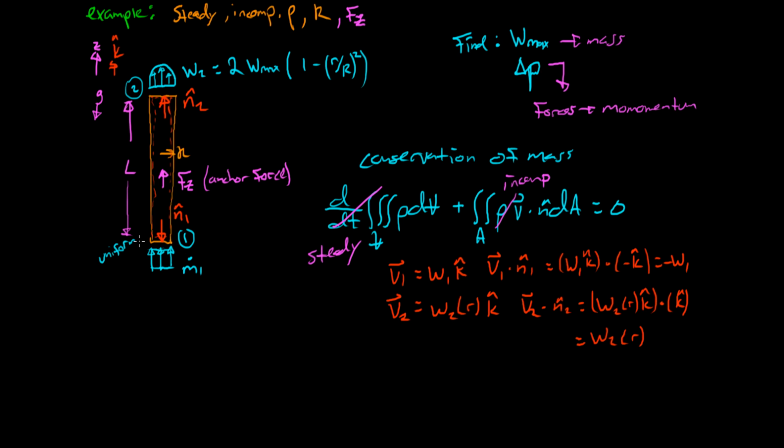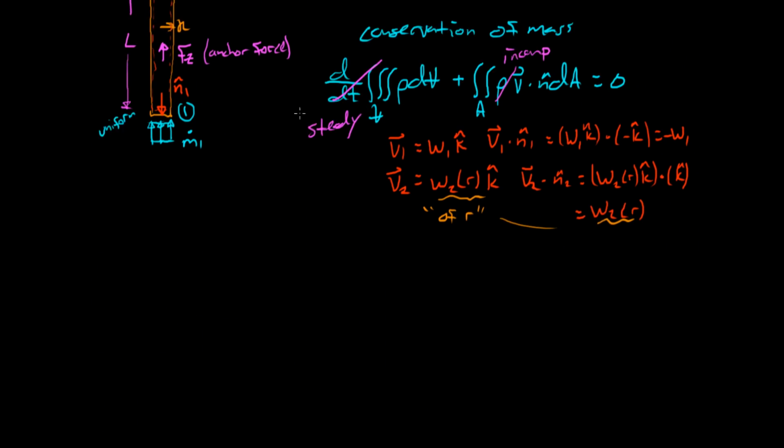And just to clarify what I'm writing here, when I write this, I mean w2 of r, as in w2 as a function of r. It's not w2 times some little r.